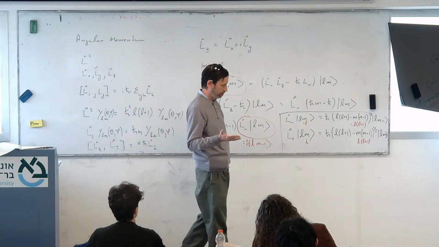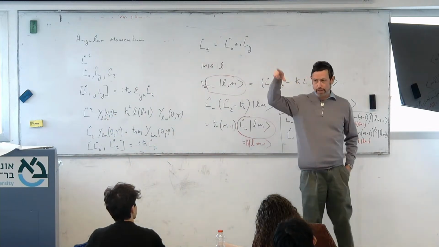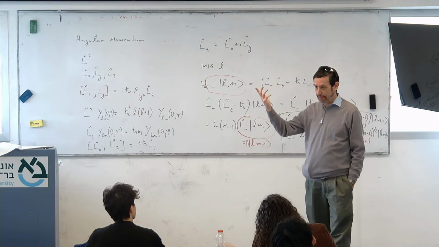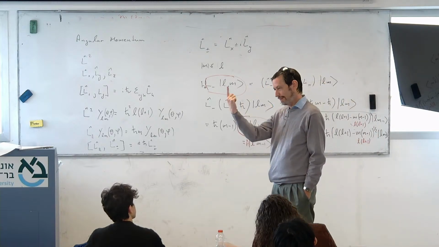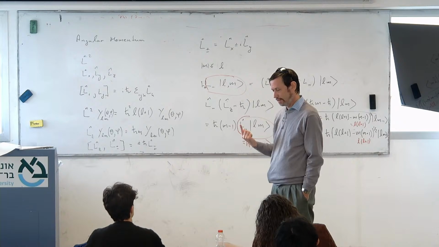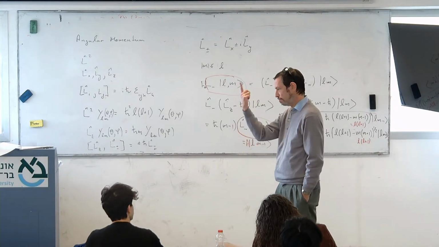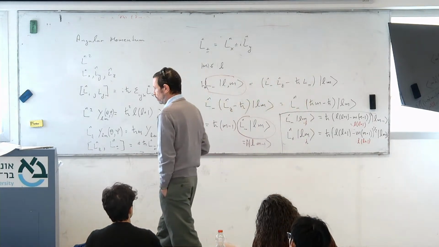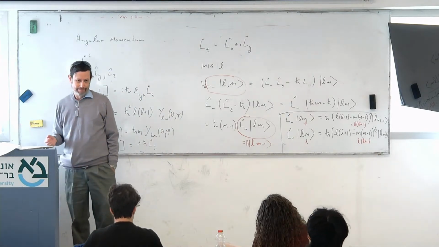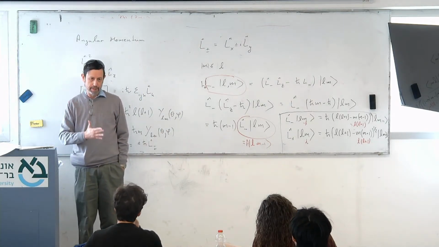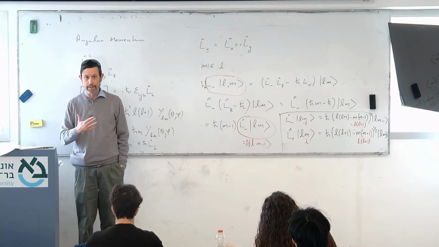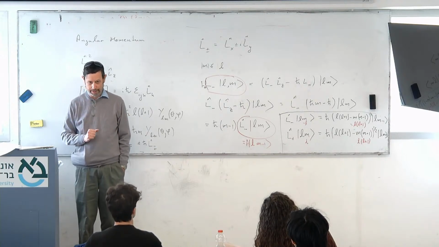Because phi is periodic. It goes on 2 pi. That's it. So m must be an integer. If m must be an integer, L must be an integer.